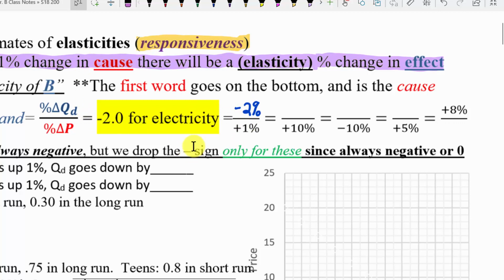So this is where that standard interpretation comes from. For each 1% increase in the price, there will be a -2% change in the quantity of electricity that people buy.